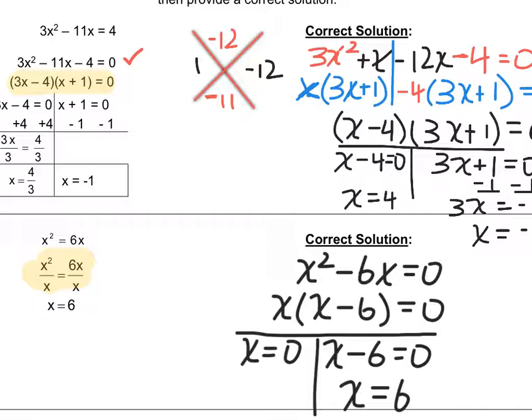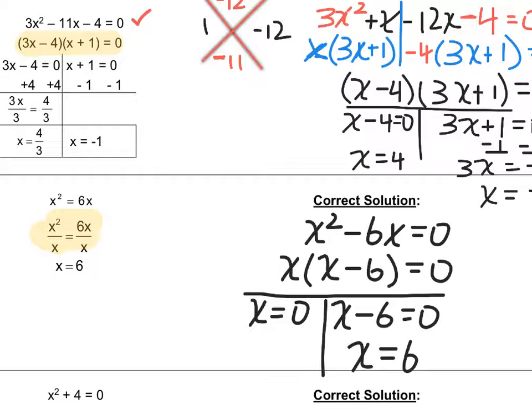So ultimately, they lost a solution. I think you can see how dangerous this would be when it comes to multiple choice questions. I'll even tell you right now, there's going to be a question on the test with the same format. It's going to be multiple choice. One of the choices is going to be x equals 6.